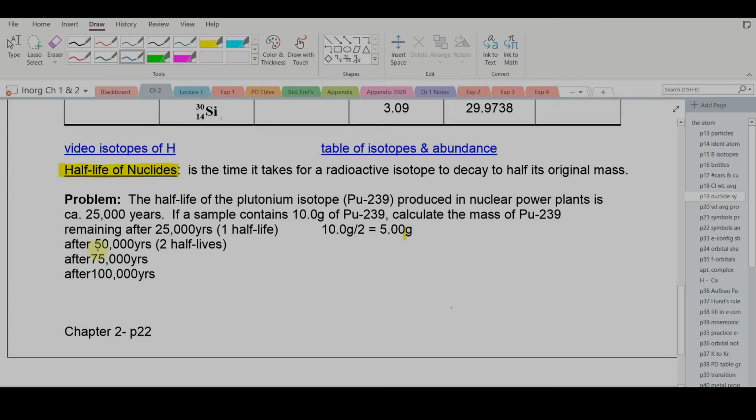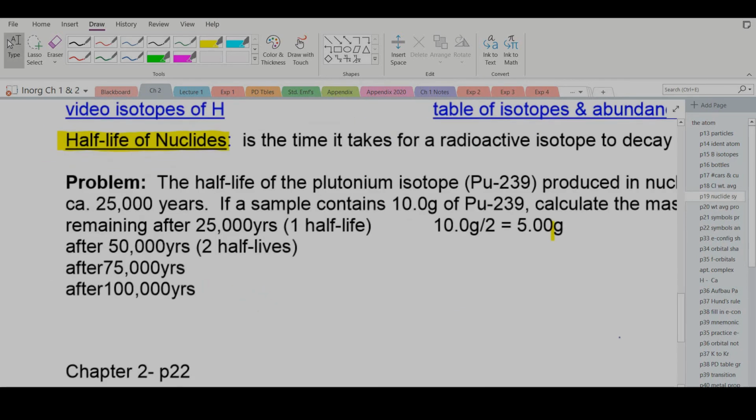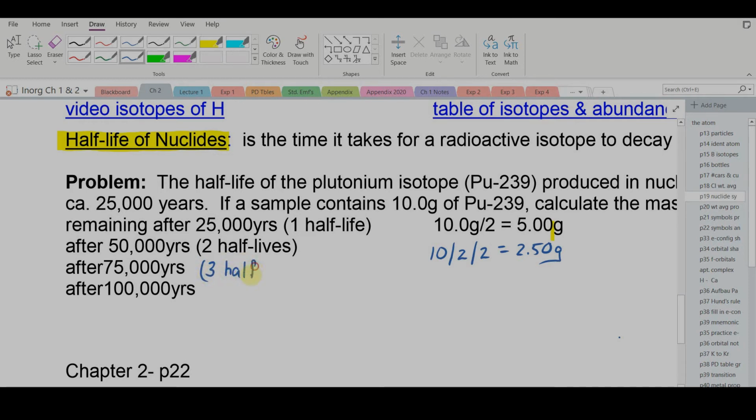After 50,000 years, well, that's 2 half-lives. So you would divide 10 by 2 twice, once for each half-life, and now you're down to 2.50 grams of plutonium remaining after 50,000 years. After 75,000 years, you'll have 3 half-lives, and so the amount remaining will be 10 divided by 2 three times.